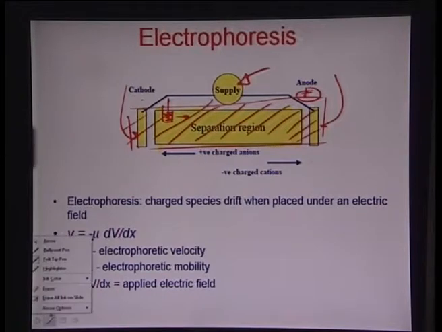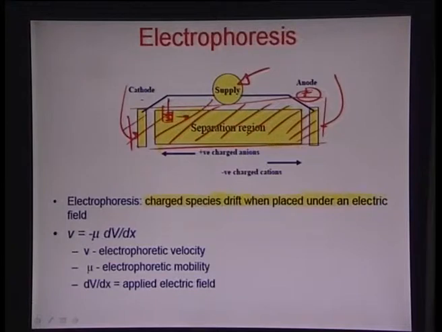So definitionally then, electrophoresis is really the drift of charged particles when placed under an external electric field, and the electrophoretic velocity is essentially proportional to the field gradient, okay. So the applied electric field or the voltage gradient, dV by dx, okay.